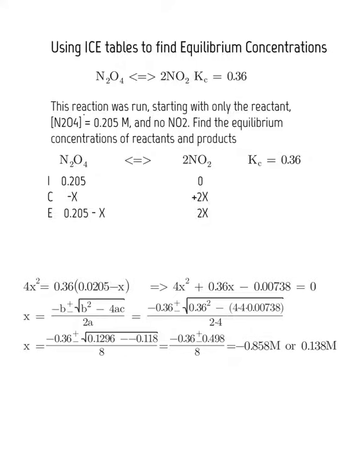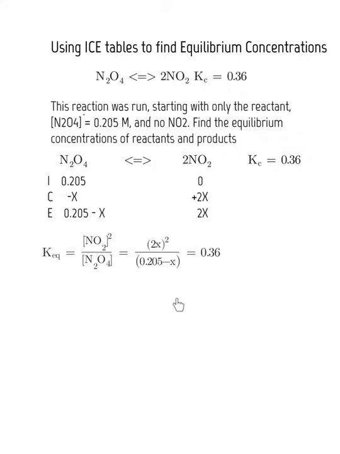Now, I'd like you to write the equilibrium expression for this reaction and then plug in these values for your equilibrium values and equate them to the constant. You can then try and solve for X. If you're not sure how to do that, we're going to talk about it now.